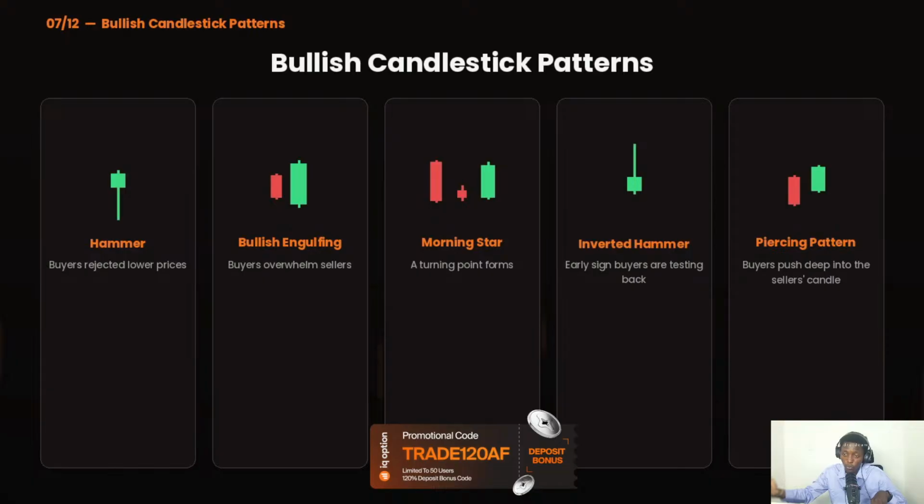And then the next thing is the bullish engulfing. If you can see it from here, it is first a small red candle, and then we have a very large green candle, and the large green candle comes in and overshadows the red candle. What that means is that buyers are now coming in with full force, and they are ready to take control of the market.